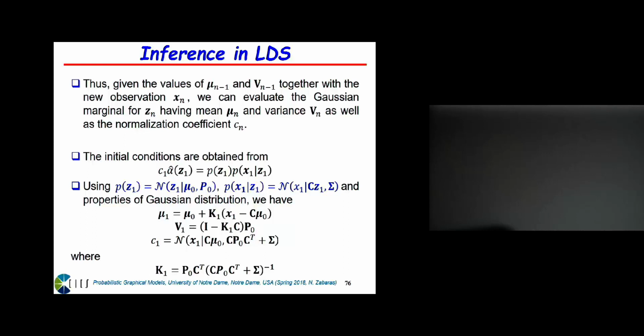Here is mu_1, and here is V_1, and the constant c_1 is given like that. So you have a way to start the algorithm, and then you use the update formulas, and those are the Kalman filter equations, and done. In a few minutes we'll basically finish with the Kalman filter equations using ideas of message passing.